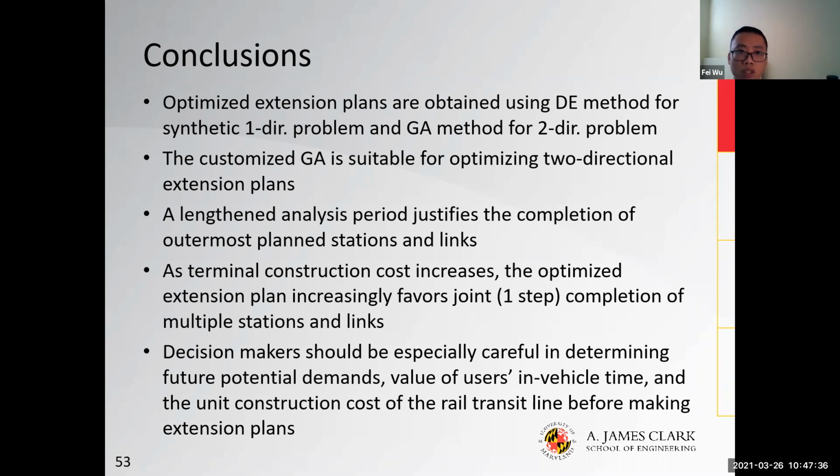We found that the customized genetic algorithm is suitable for the two-directional plan. It also seems that as the terminal cost increases, the joint completion of multiple stations and links is favored.